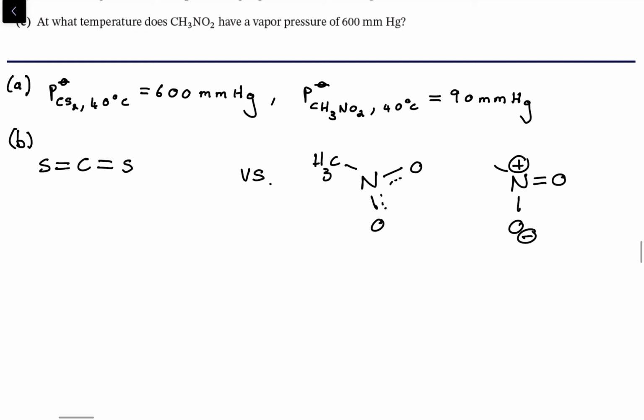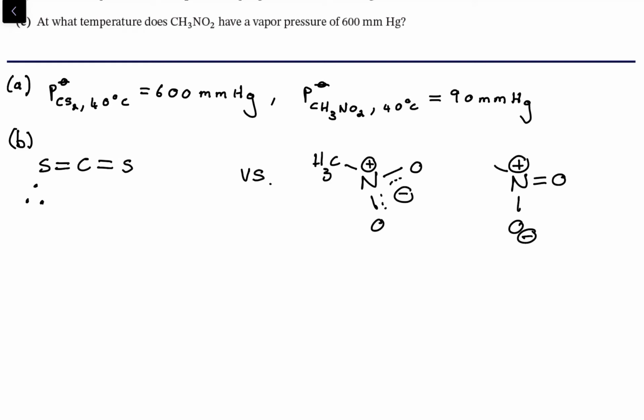You draw that in the resonance where the nitrogen is positive and there's a negative charge here, and negative charge here. Anyway, that's the point. We need to analyze these structures.